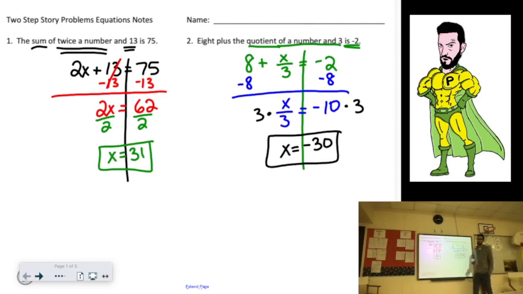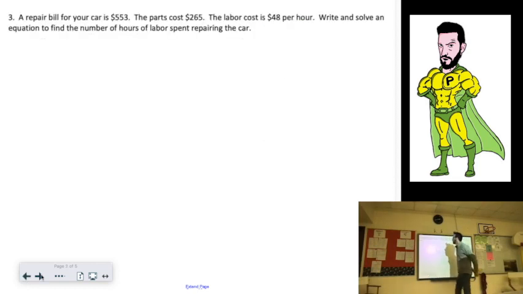That was fun. Now we gotta dial it up a little bit and get a little more difficult. A repair bill for your car is $553. Parts cost $265. The labor cost is $48 per hour. When you see per, that's going to mean multiplication, because we don't know how many hours we're going to have to pay for, but we know each one is going to be $48.